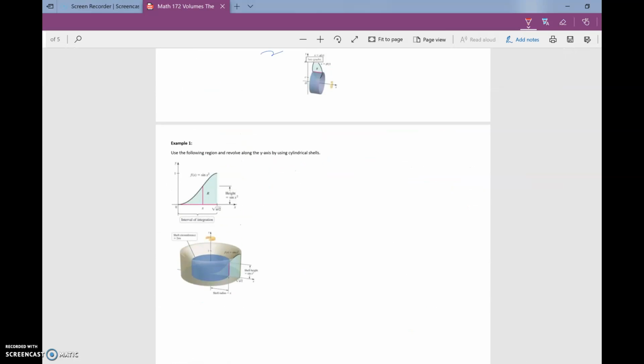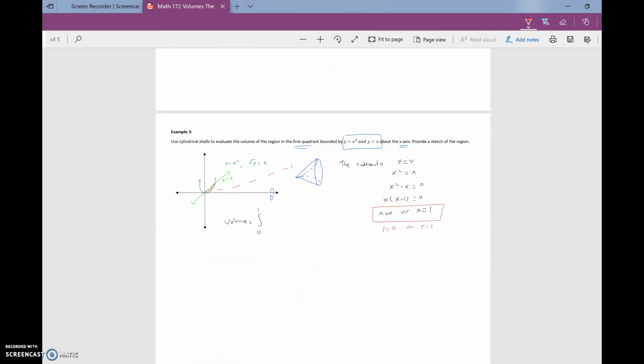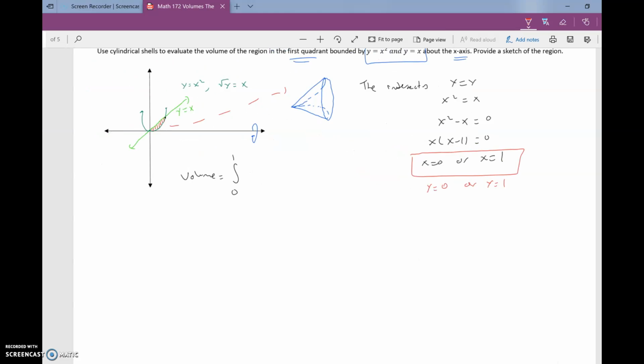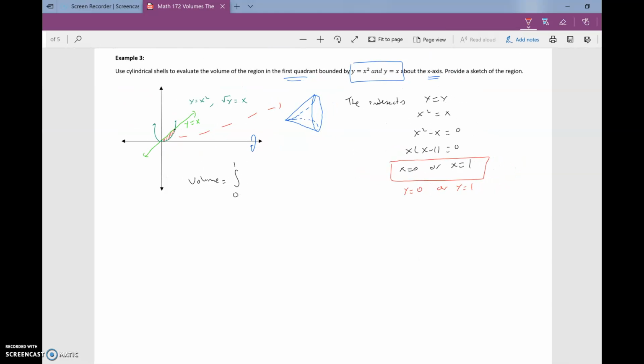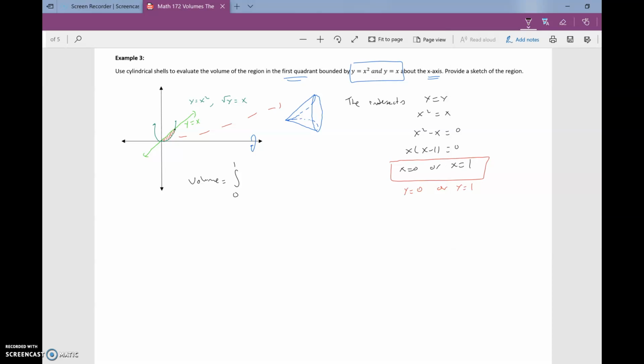Remember that on this particular one, you're actually looking at c to d. So once you have the x's, you then have to find the y values. So this one will be from 0 to 1, and it'll be a 2 pi y times. Now your actual region is going to be bounded by the following.